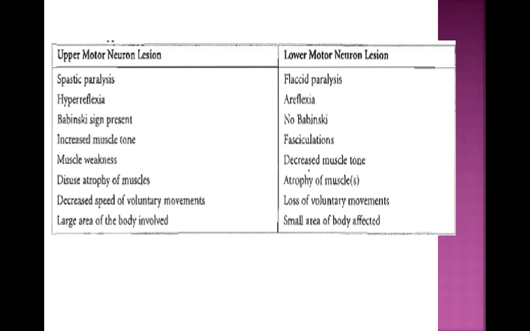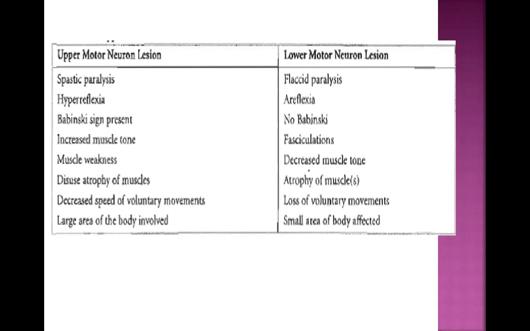If we elicit the deep tendon reflexes of the upper limb as well as the lower limb, there will be hyperreflexia in UMN lesion, whereas in LMN lesion there will be absence of the reflex. This is called areflexia. Hyperreflexia or exaggerated reflexes versus areflexia.